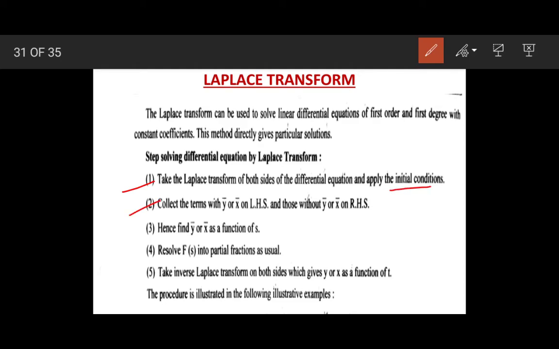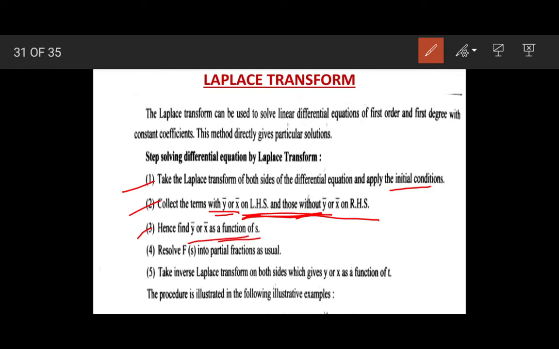Second step, we will collect the terms with y bar or x bar, whatever is in the differential equation, just this y bar or x bar on the left hand side and all other terms on the right hand side. Then third step, we will find y bar or x bar as a function of s.